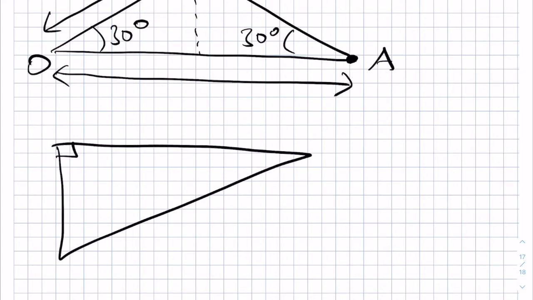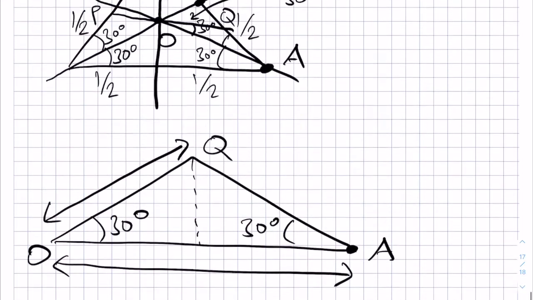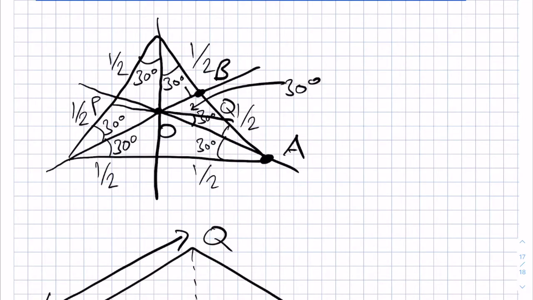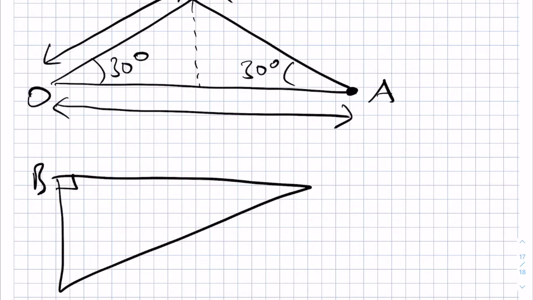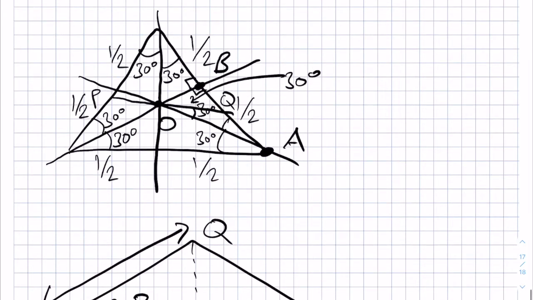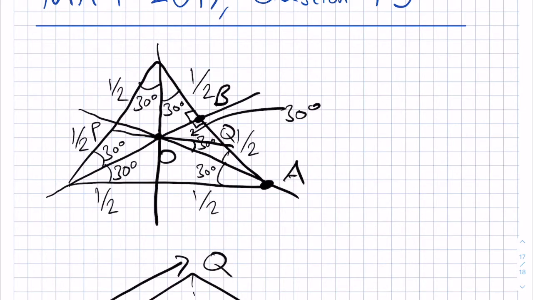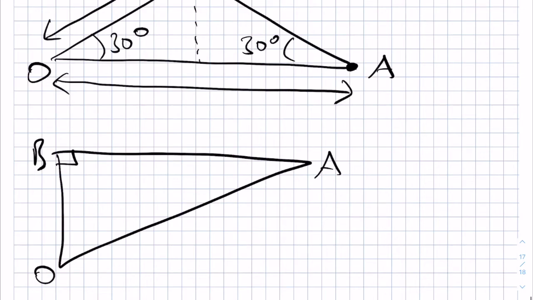This is a right angled triangle due to the bisection, i.e. there's a right angle here and here. Then we have B here, O here, and A here. Because this overall equilateral triangle has a side length of 1, the length BA is 1/2. And we also have that the angle here is 30 degrees.